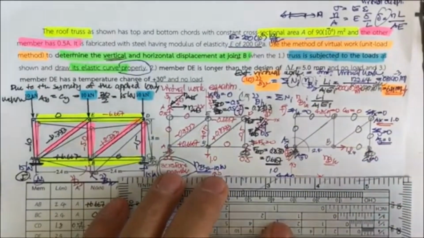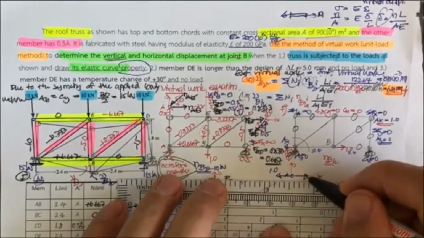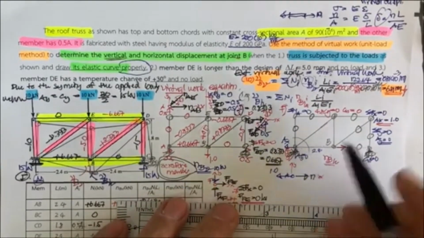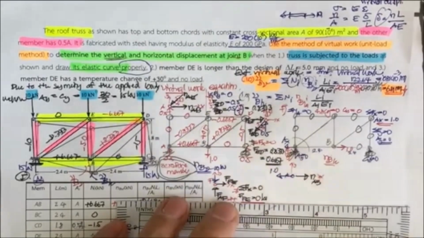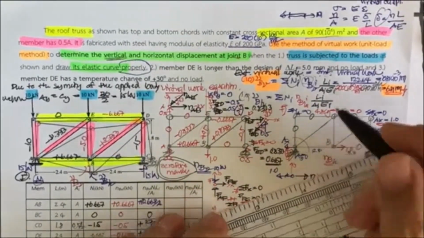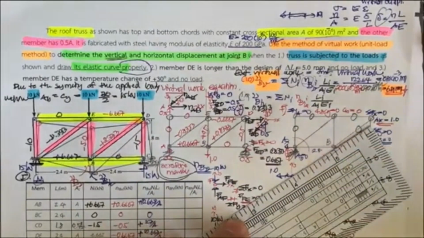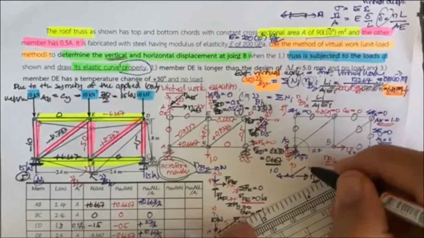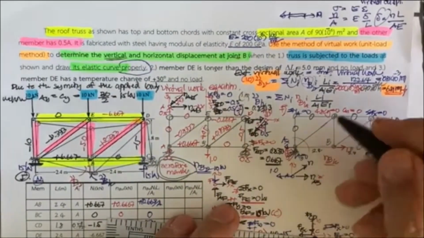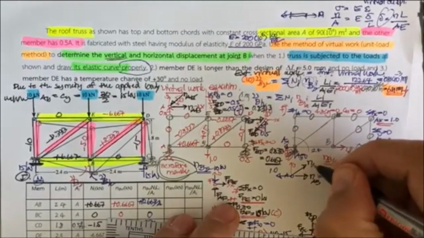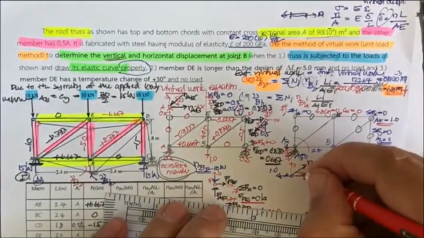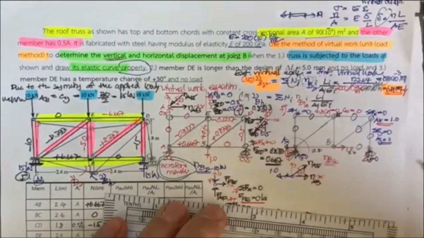And we also have this one for N sub AB, N sub AB. And over here is 0. And you may have another force here also, this one N sub AE.